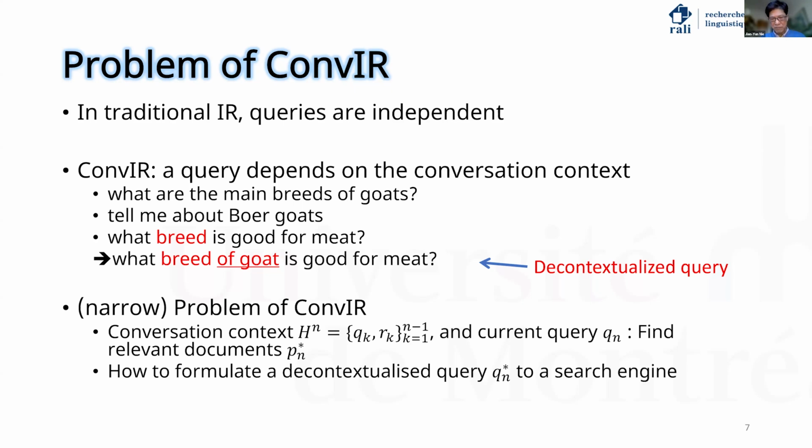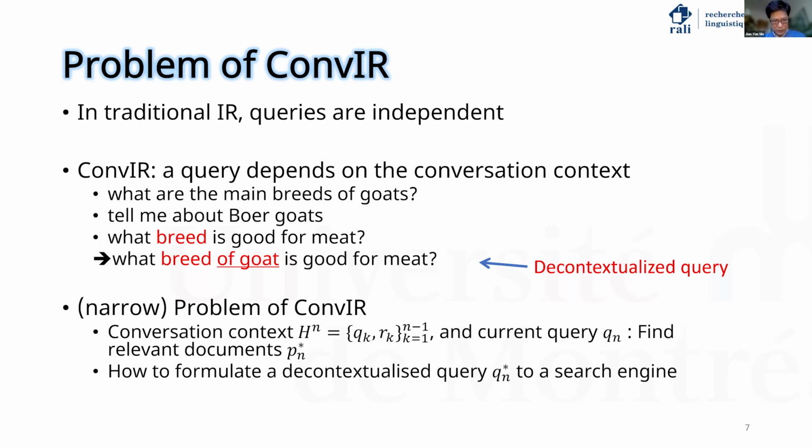So in a narrow sense, the one problem in this setting is to generate or reformulate the query QN into another form, QN star, and to better perform the search. So that's the goal of this setting.